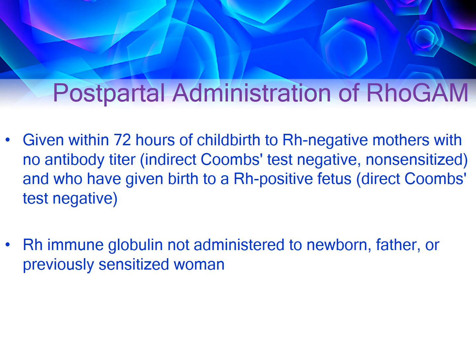Then postpartum, we're going to give it within 72 hours after the baby's born if my Rh negative mom with no antibody titer gave birth to an Rh positive fetus. So the lab test on mom is an indirect Coombs that we're looking at to look for those antibodies, and on baby, it's a direct Coombs test.